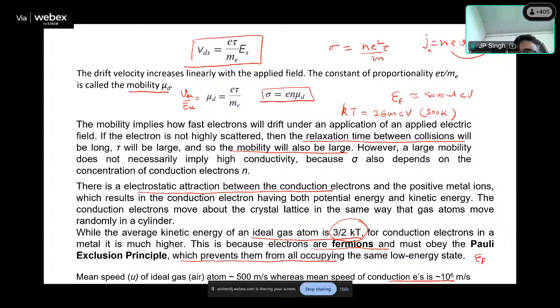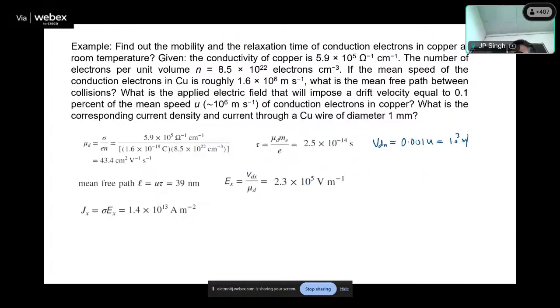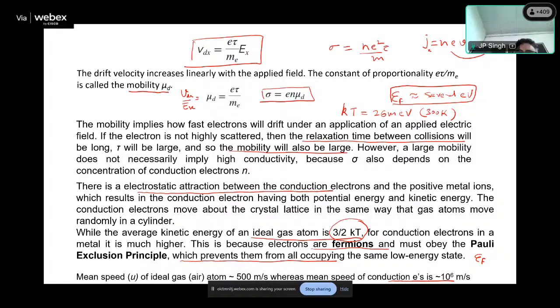That is not because of thermal energy, but because of the Pauli exclusion principle: their Fermi energy, several electron volts, is much higher than the room temperature energy. So they get that from quantum phenomena. That is the difference I thought I would share with you.